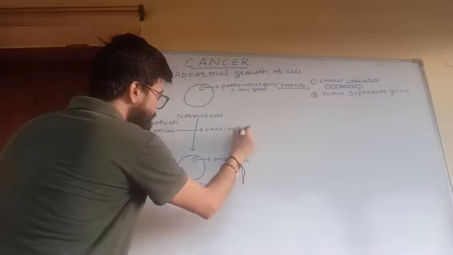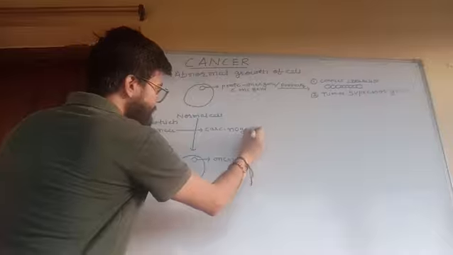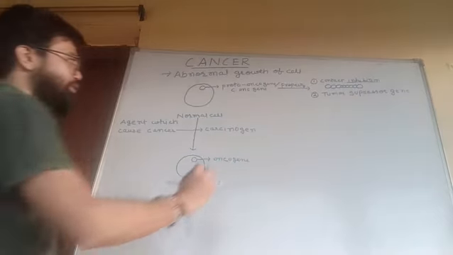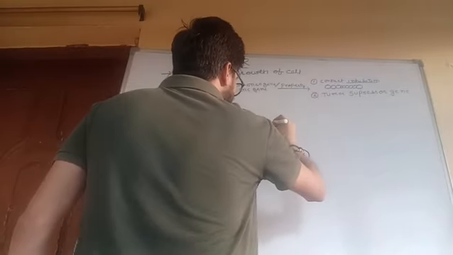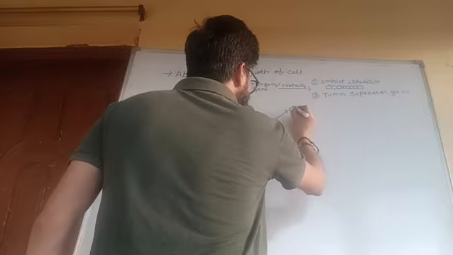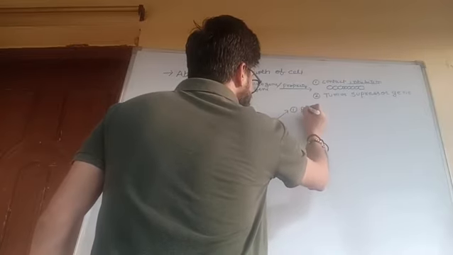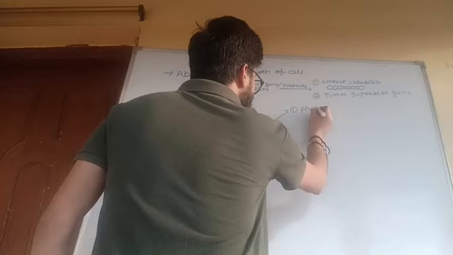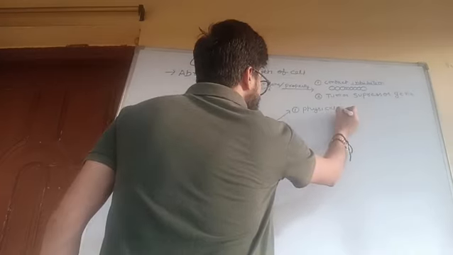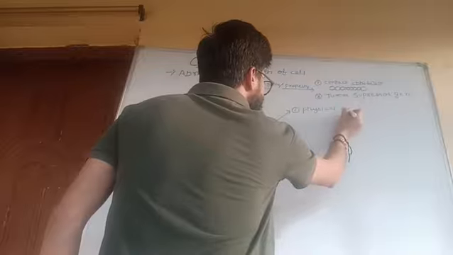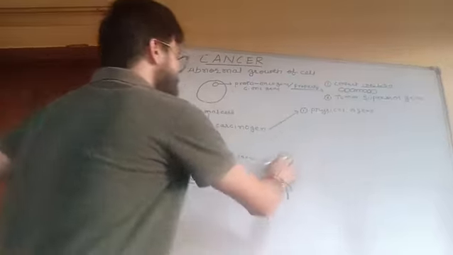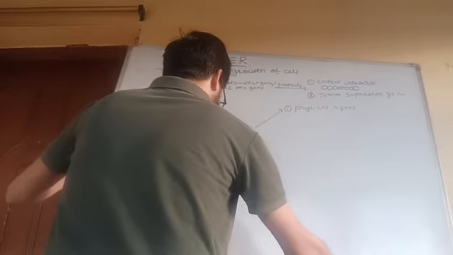Carcinogen. Clear? And the carcinogens which cause cancer are of three types. The first one, number one, is the physical agent. Physical agent means tobacco chewing and tobacco smoking come in this category.